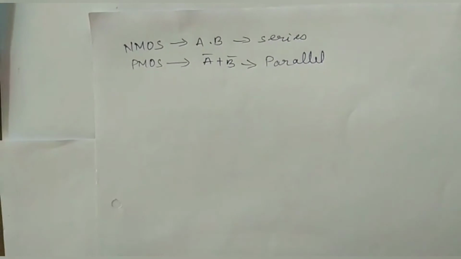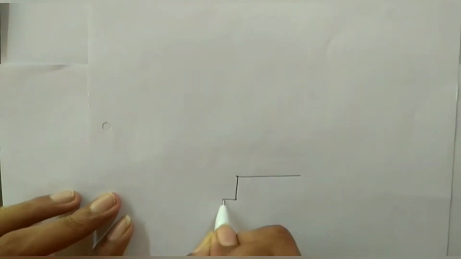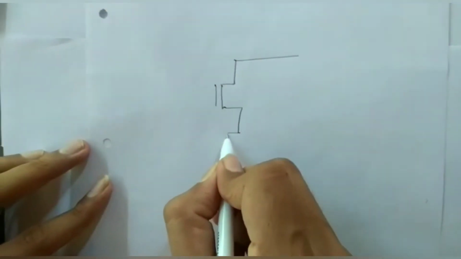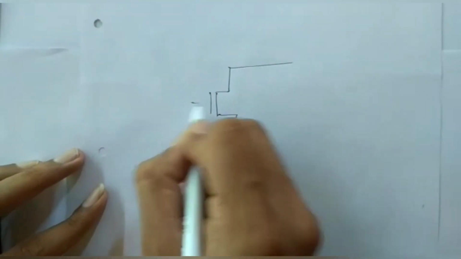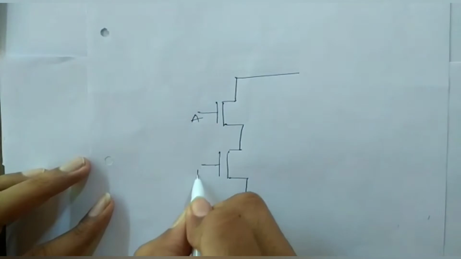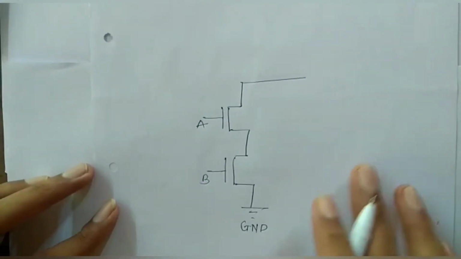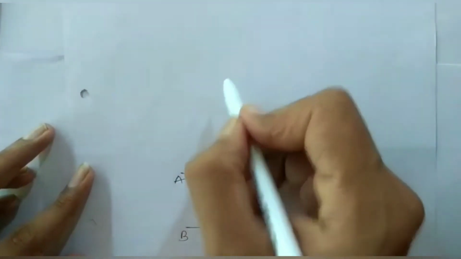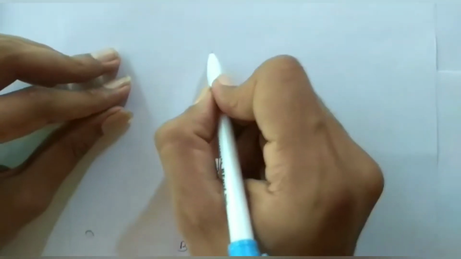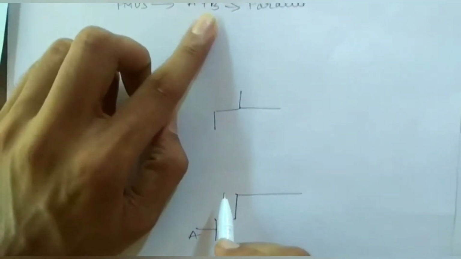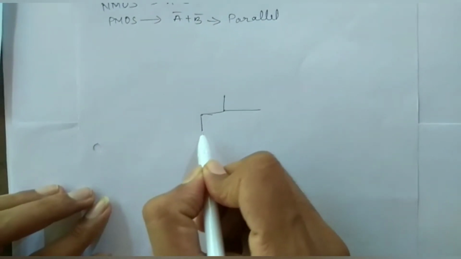First we will draw NMOS. It has two variables, A and B, and is connected to ground. Now we will draw PMOS. Because it is a sum, PMOS is connected in parallel.